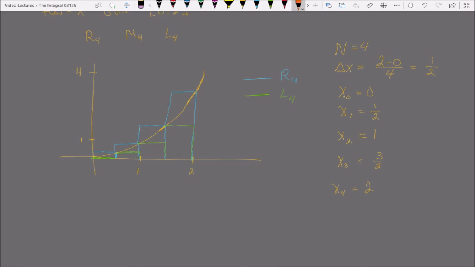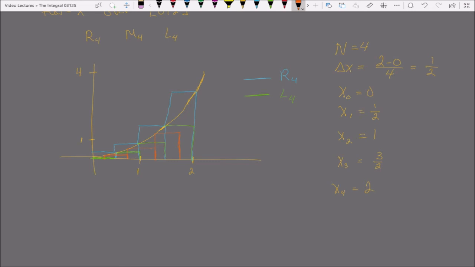And finally, for M4, we take the midpoint. So it'd be something like that, like that, and then like that.